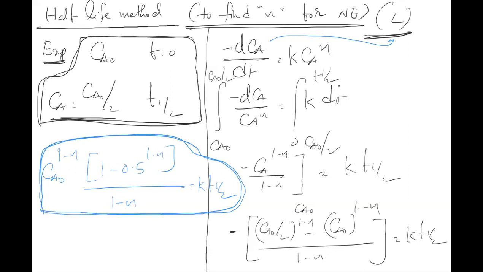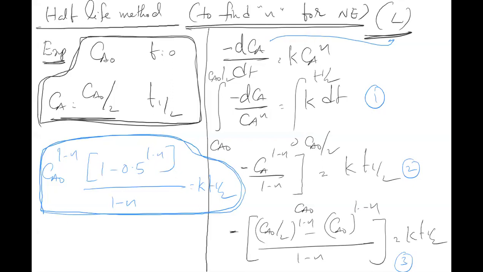This is the equation. Is this 100% right? Have you made any mistake in this derivation? If so, where is the mistake? Is the mistake in step 1, step 2, or step 3? Yes, it is not applicable for n equal to 1.